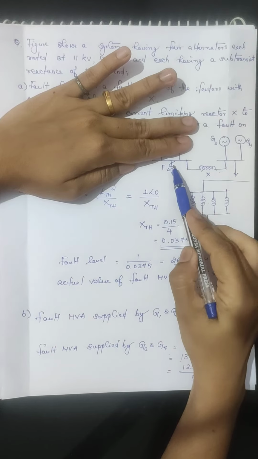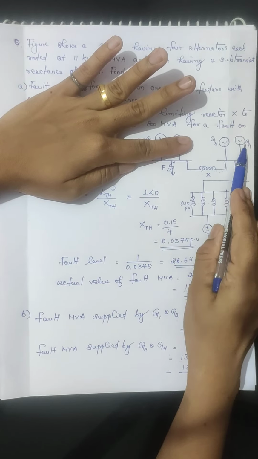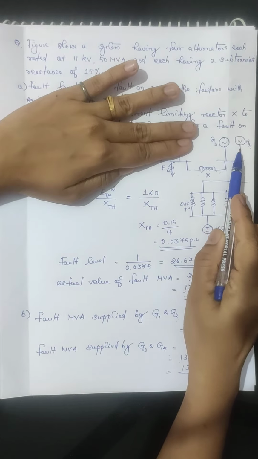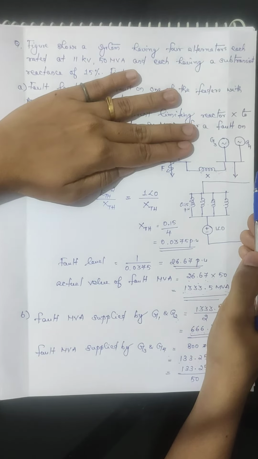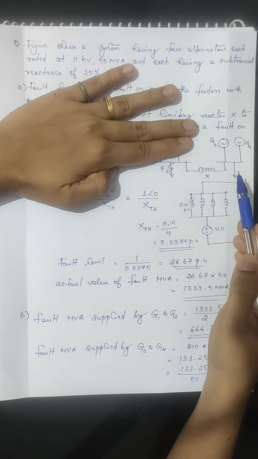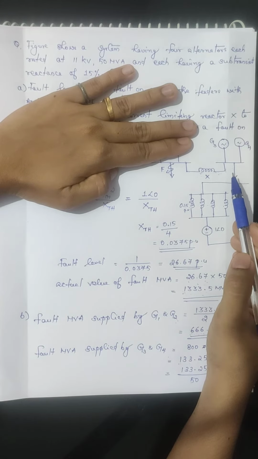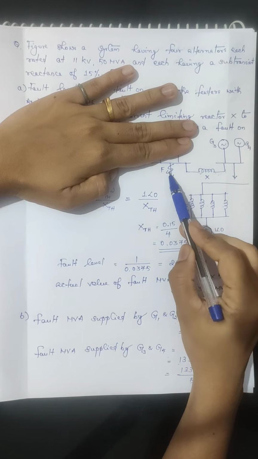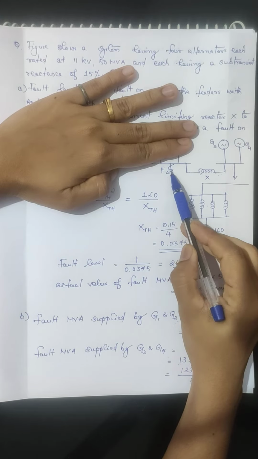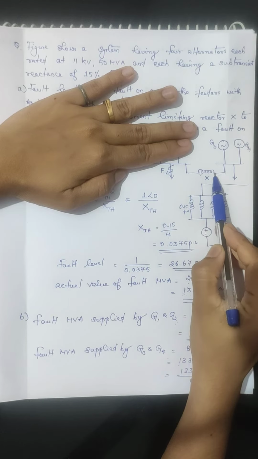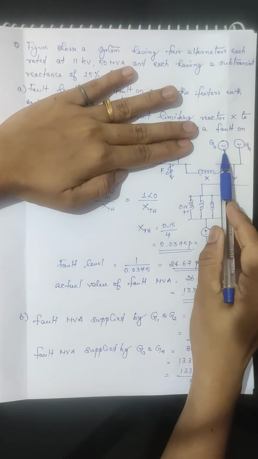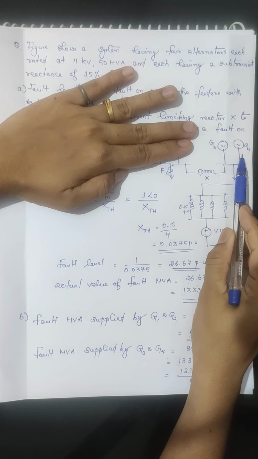So what will be the equation for the fault MVA supplied by G3 and G4? It will be ETH square divided by XTH, and in this case XTH is the Thevenin equivalent reactance as seen from the fault point. If we are looking from the fault point, there is a reactor X, then there are two generators connected in parallel.